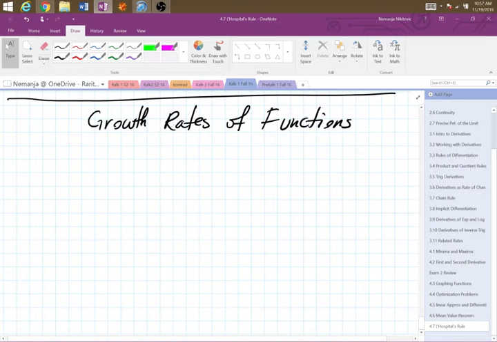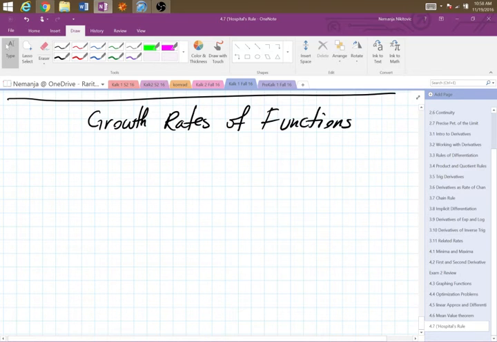The last part of this 2-hour-long lecture with a 7-minute break is the growth rate of functions. Growth rate of functions in the sense that when you have certain functions divide each other, and you send limit to infinity, you can make a conclusion about the answer for that limit just because you know how quickly functions grow.